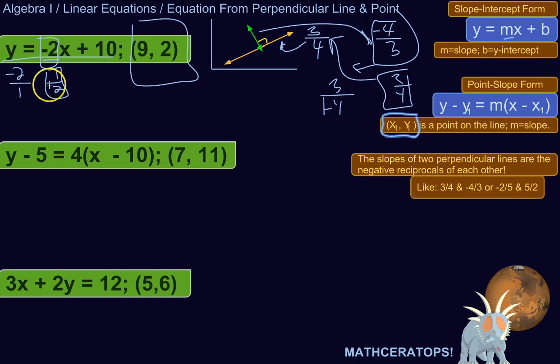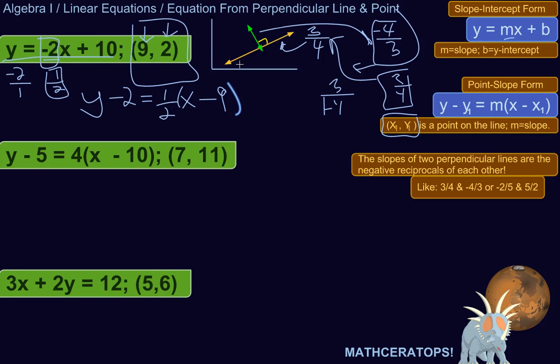So I'll just use that. Y minus, now here's the y-coordinate of the point that I need to go through, so y minus 2 equals the slope, which is 1/2 for my perpendicular line, times x minus the x-coordinate of the point that the line goes through. Boom, done.